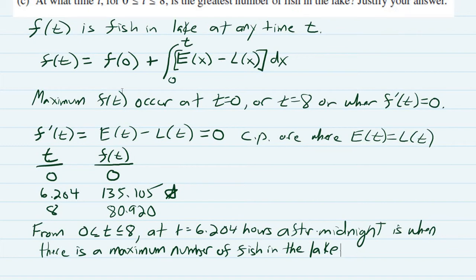But as I said, whatever it is, that number would have been added to each one of these answers. And so I can still use this method to find when the maximum number of fish would occur, but I really don't truly know the number of fish at that particular time.